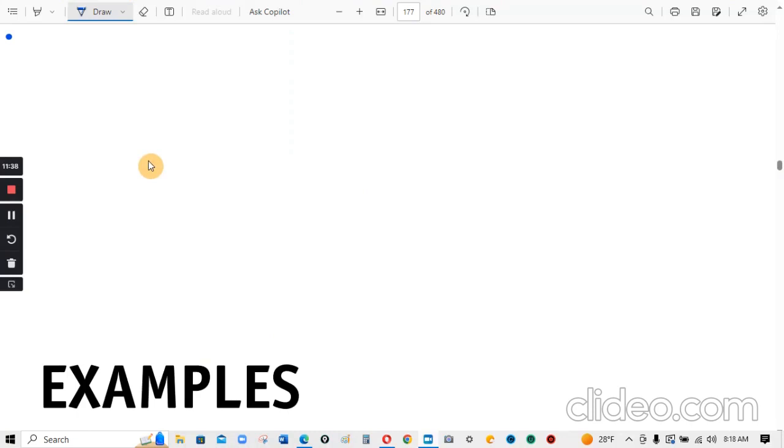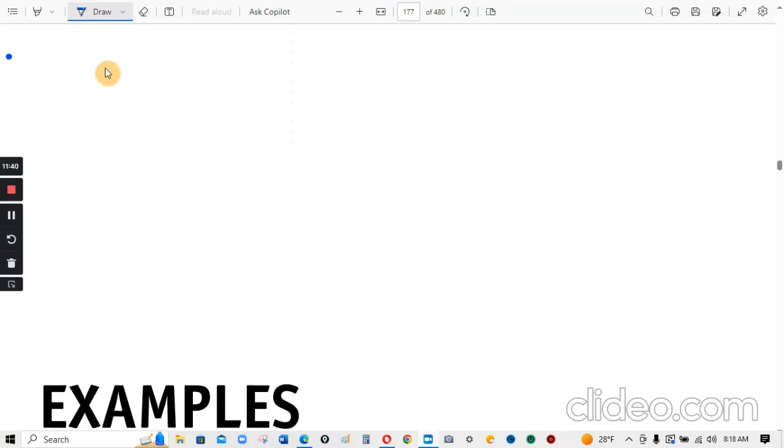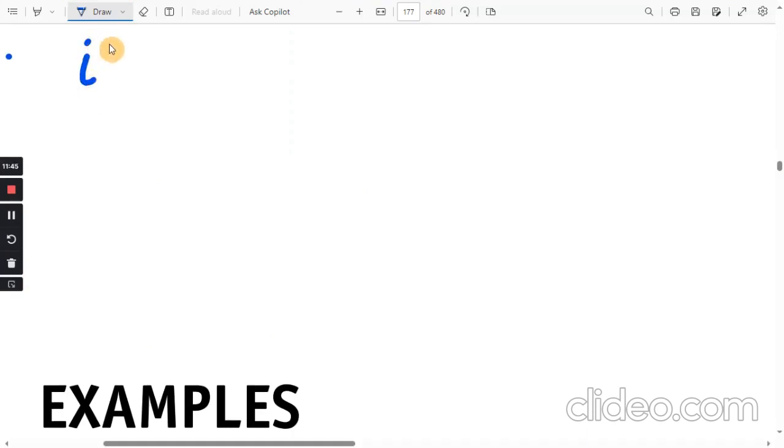All right, so for this section, we're going to need to know the value of I squared. Now, of course, I squared is the equivalent of just I times I. And we said at the beginning, I is the square root of negative 1.